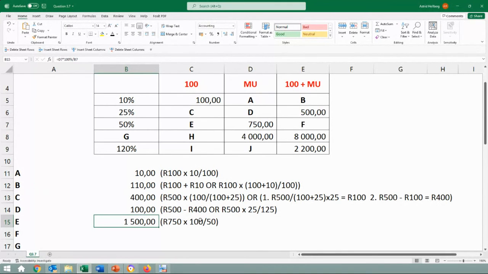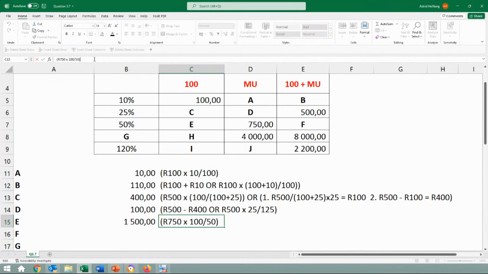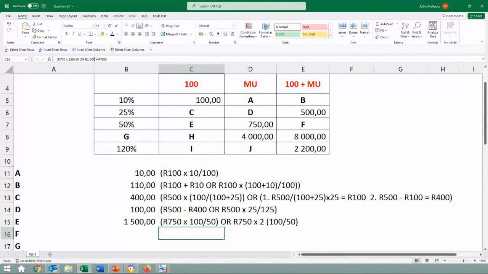Okay. Did anyone work it out differently? Okay, let me just put Kaya's version in here as well because that would also be correct. So the way they got to the 2 is they took 100 divided by 50 gives you a multiple of 2. Okay, so that's how they got to the answer.